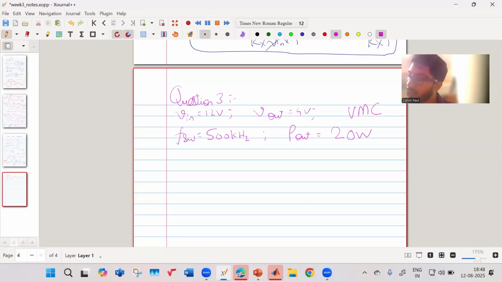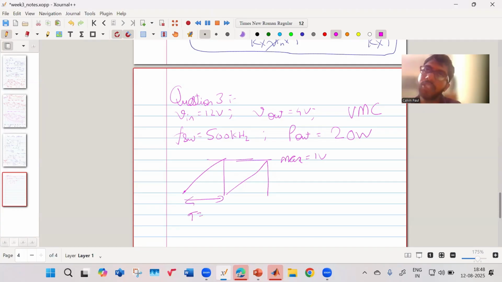So this is your ramp. This maximum value is 1 volt. And this is happening at a time which is given by 1 upon 500 kilohertz. That comes out to be 2 microseconds. Okay, every 2 microseconds.